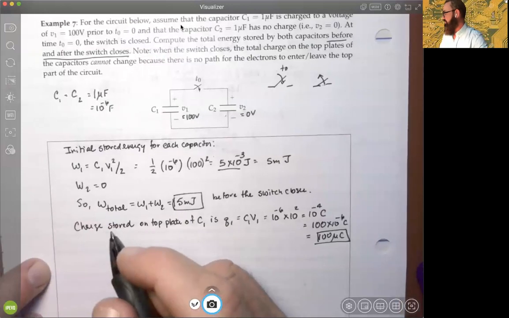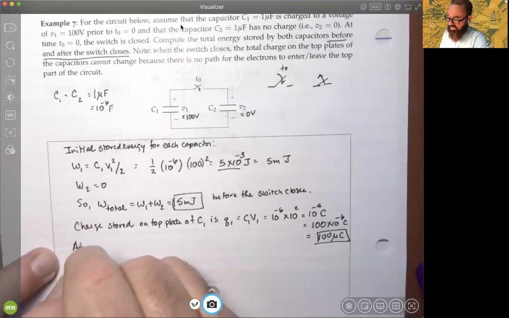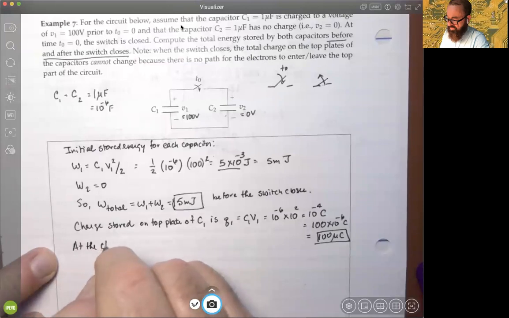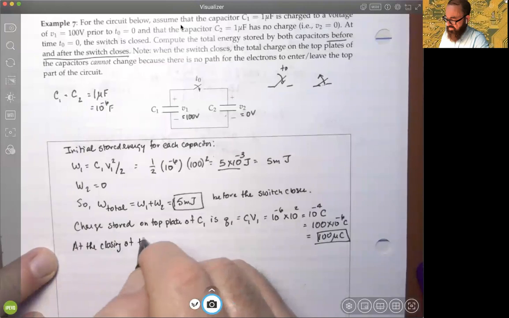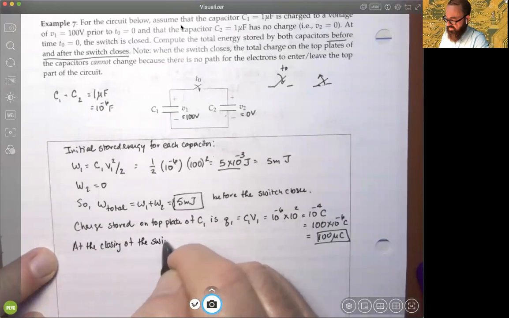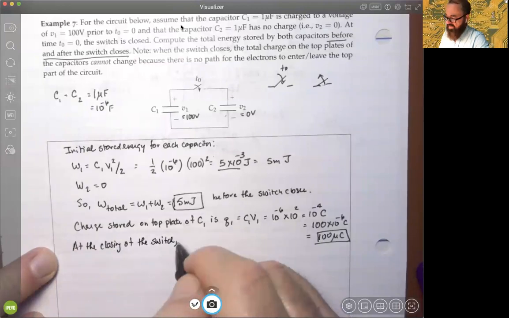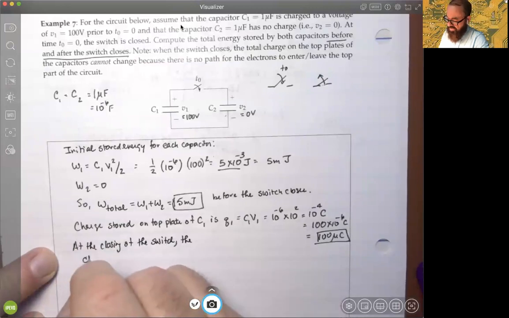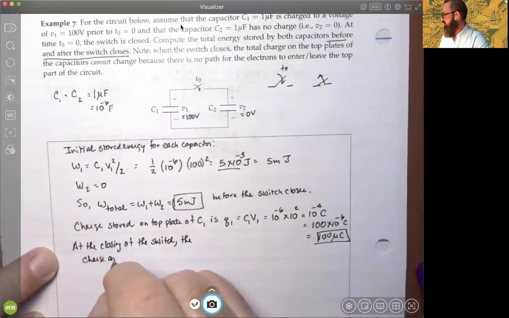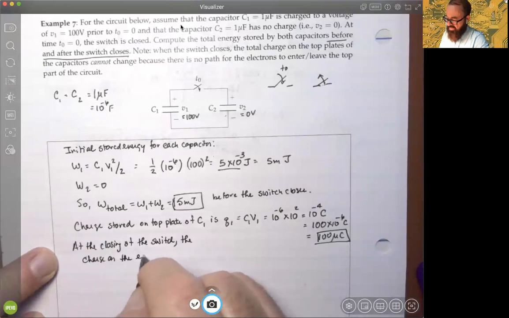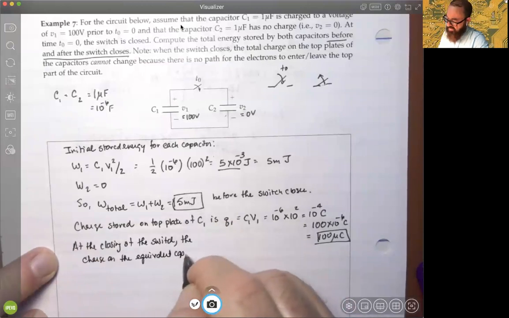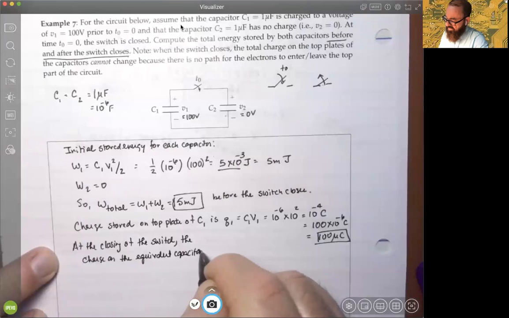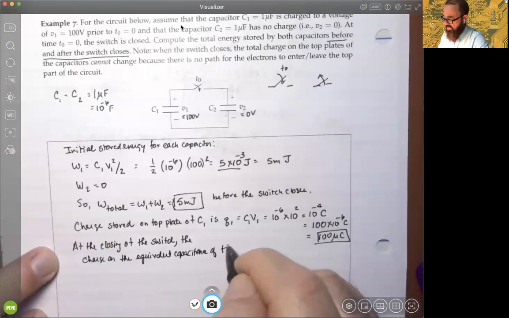That's important because now, at the closing of the switch, the charge on the equivalent capacitance of the circuit is what?